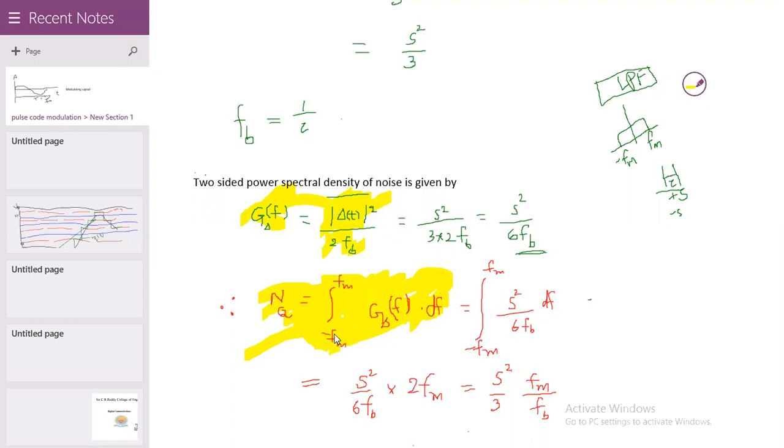These are very important relations to calculate noise power.